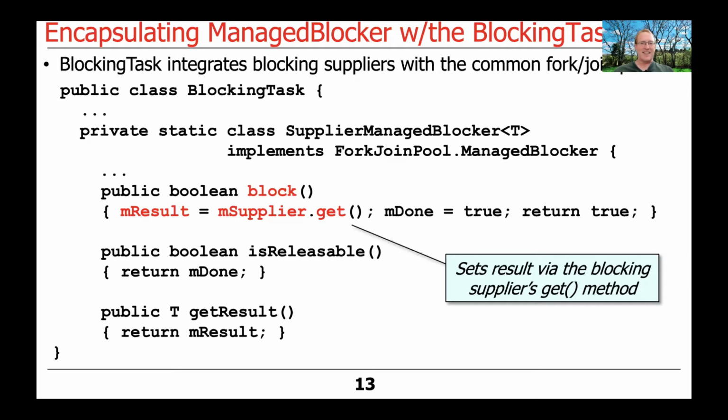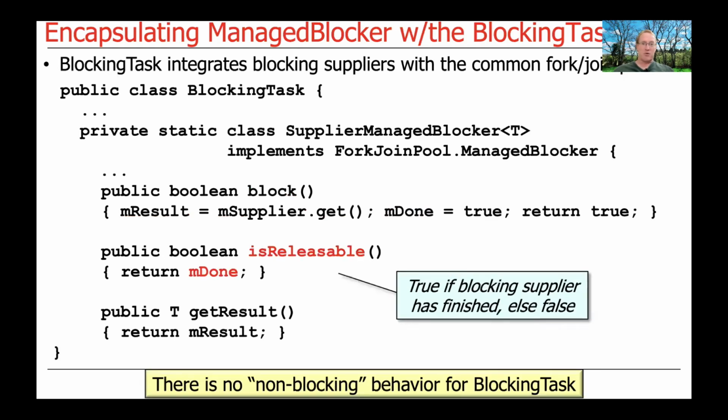It could do the synchronizer stuff that we saw before with the ManagedBlocker implementation in the previous part of the lesson. Whatever it does, it does its thing. We don't really care, but we know it might block. And therefore, it's going to get the result and store it in the mResult field and then set the mDone flag to true.